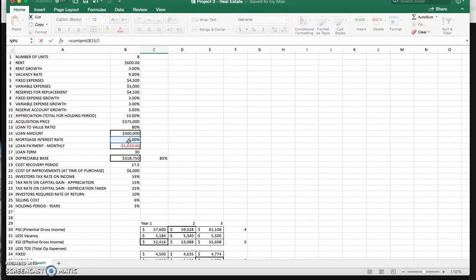Divided by 12, comma, and then the loan term times 12, and then the loan amount of 300,000, and then the starting and ending periods. So let's see if this works. Does that look right? Yeah.